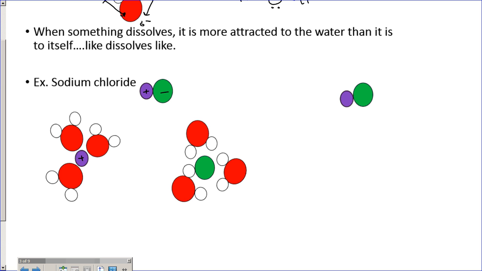Because this is the positive ion of sodium, the negative portion of the dipole in the water surrounds the positive sodium ion. Because chloride is negative, the positive portion of the dipole of the water completely surrounds that negative ion. And this is what a particle representation of dissociation looks like.